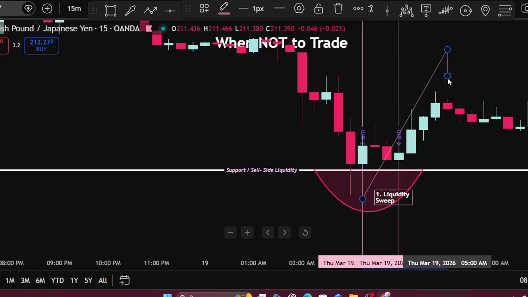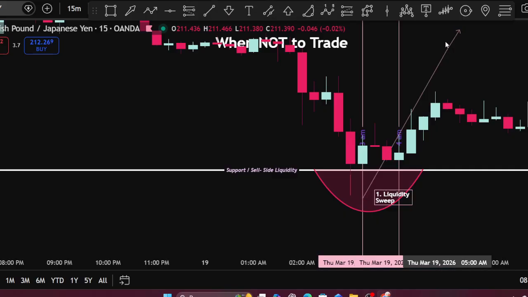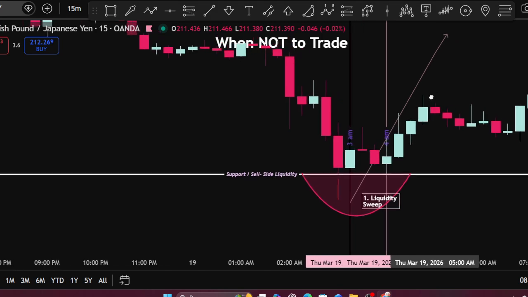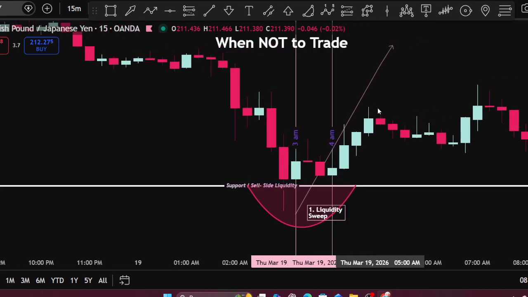But as you can see, it's not as strong as I would like it to be, and it's just a few candles. So already I'm saying to myself, I don't know about that.